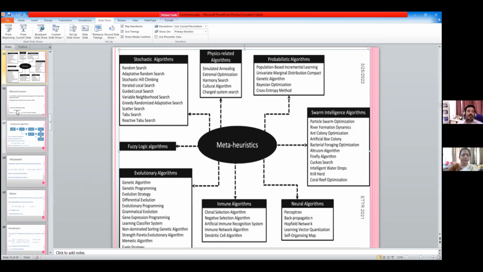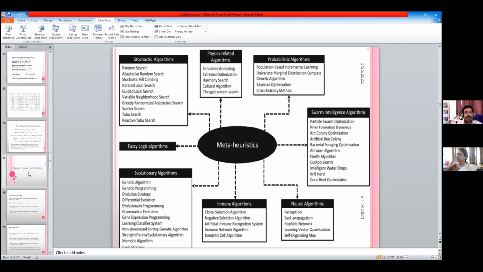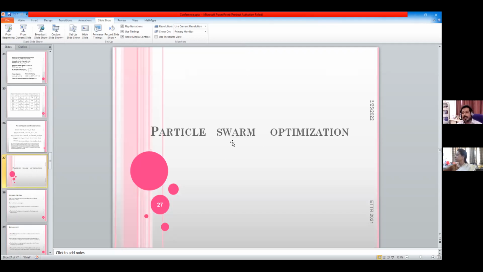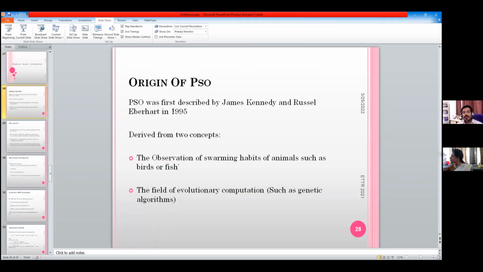Okay. I just want to show you one algorithm. One of the most important is the particle swarm optimization algorithm, and I'm giving a glimpse of it. PSO was first described in 1995 by James Kennedy and Russell Eberhart. It is derived from two concepts.